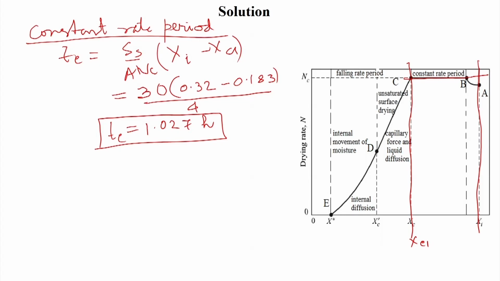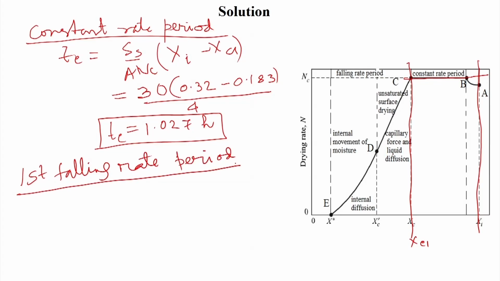Now, we have two falling rate periods. So, for the first falling rate period, Tf1 is equal to Ss by A into integration XC2 to XC1 dx by N. Though we have the minus Ss by A into integration XC1 to XC2, to make this positive we have changed the limits.